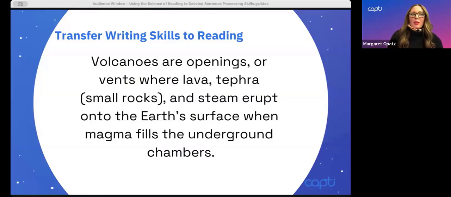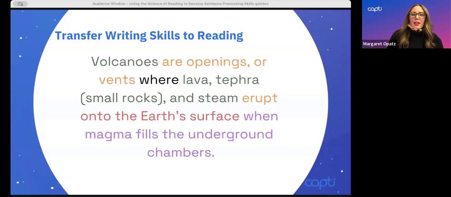That can be somewhat abstract for students when you're first getting into transferring that type of writing activity into reading and analyzing words at that level of the who, what, where, when, why.